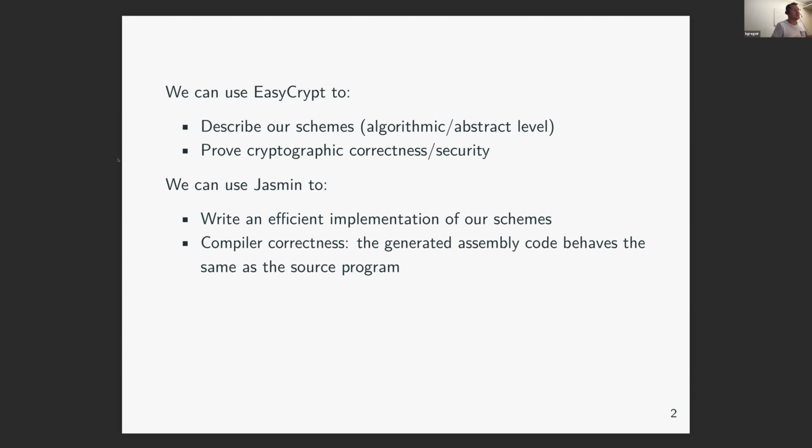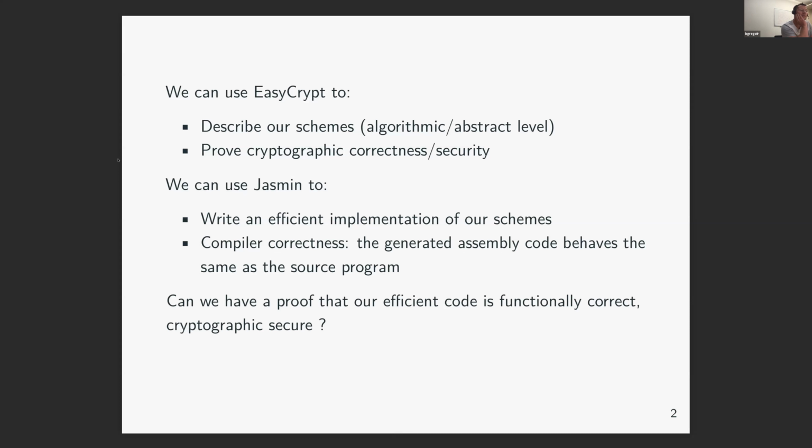Okay, but in a sense, it's not very satisfying because we have a proof in EasyCrypt that the scheme is correct, but at the algorithmic level, and then we have a concrete implementation, but we don't have a proof that our concrete implementation is also correct. So the question is, can we have a proof directly that our code is functionally correct and also of the cryptographic security of our concrete implementation?